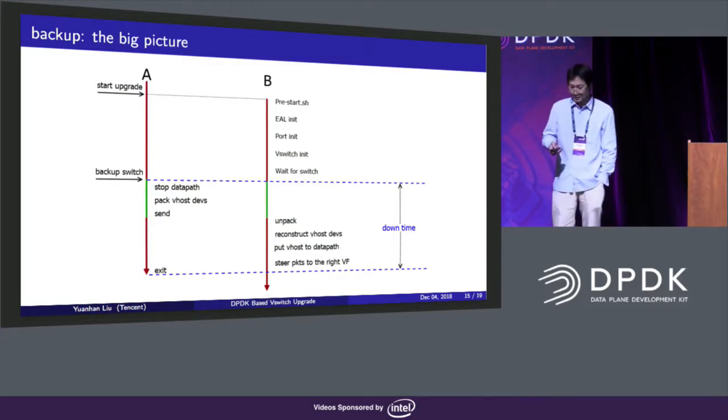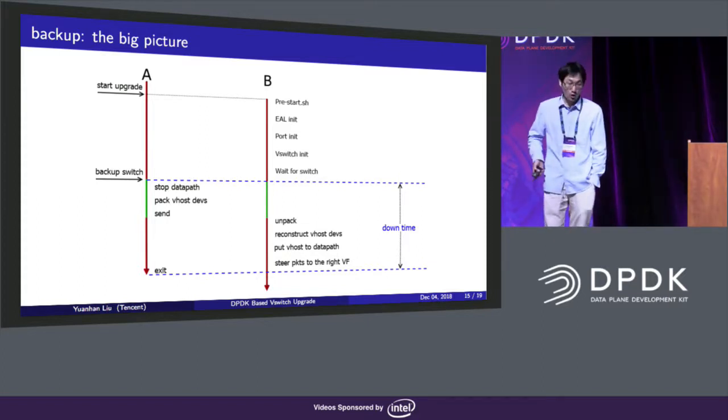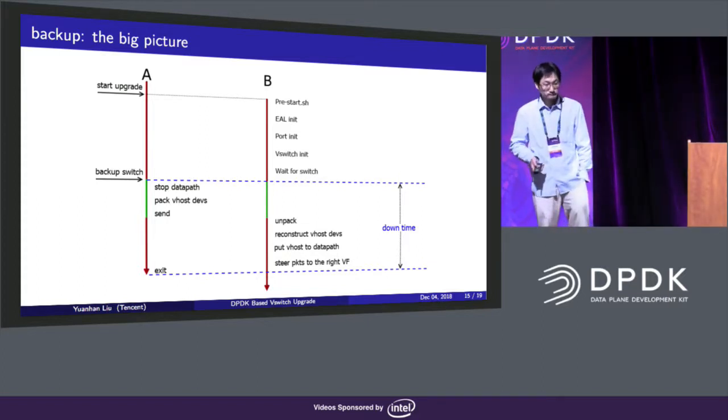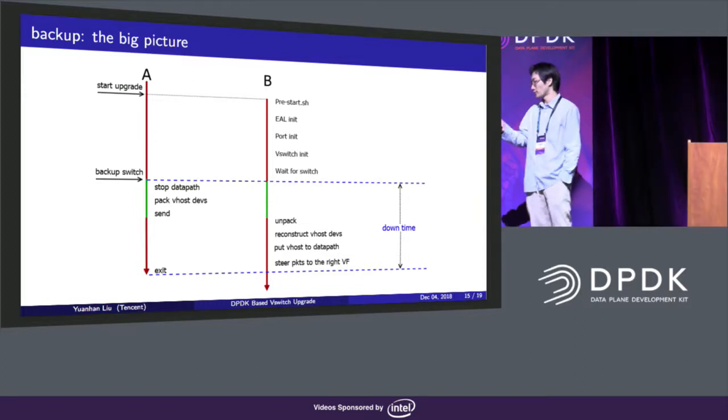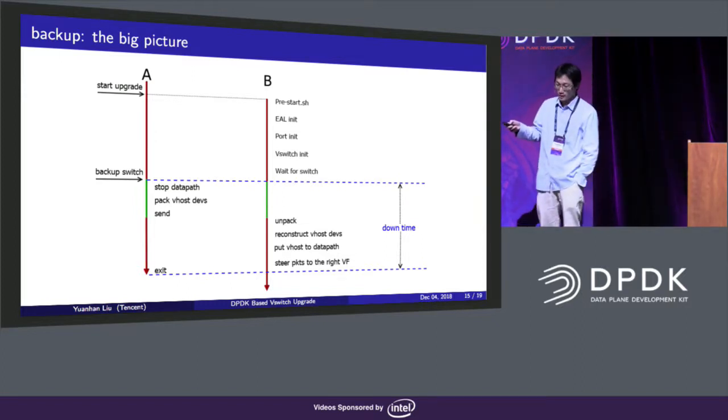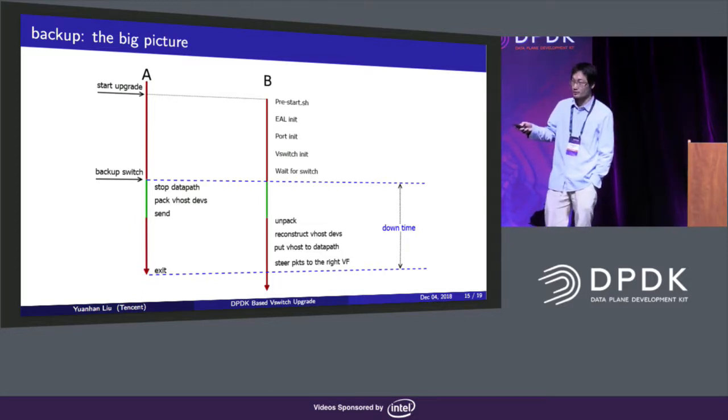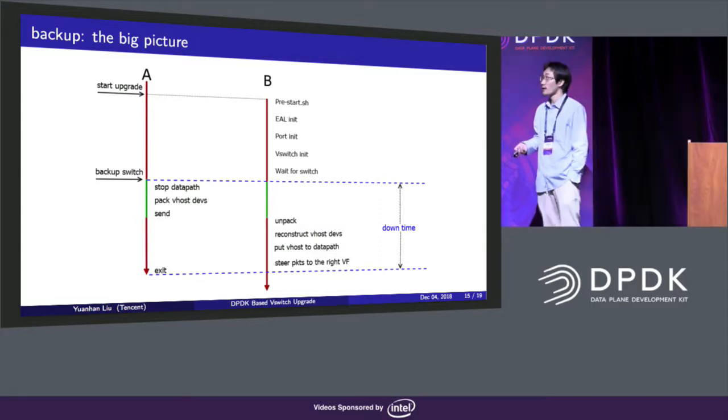So here is a big picture for the backup model. And as I said, we have two processes. A is the old one, and here it is also the active process. And time flies from top to bottom.